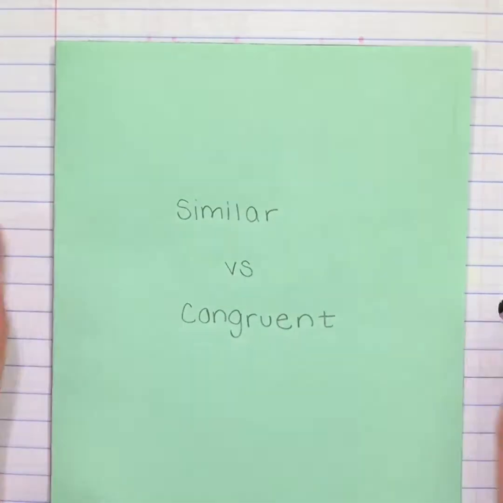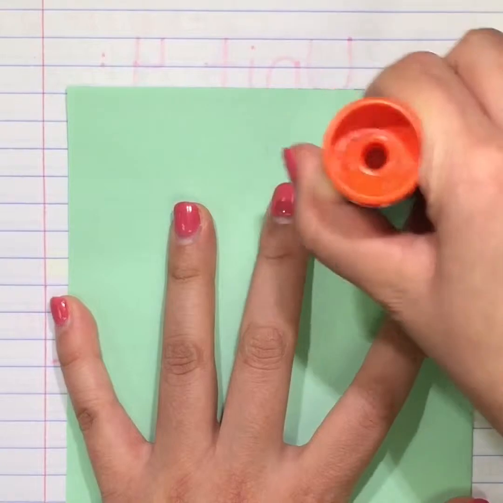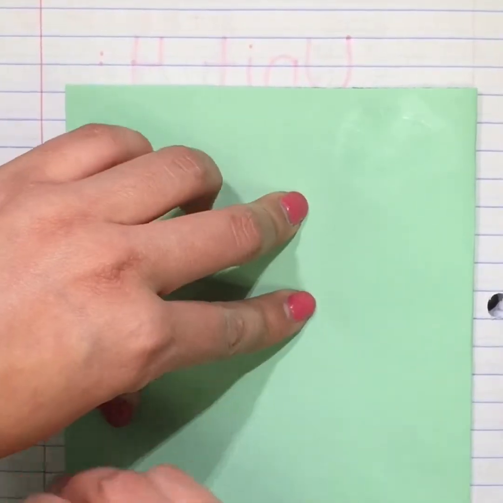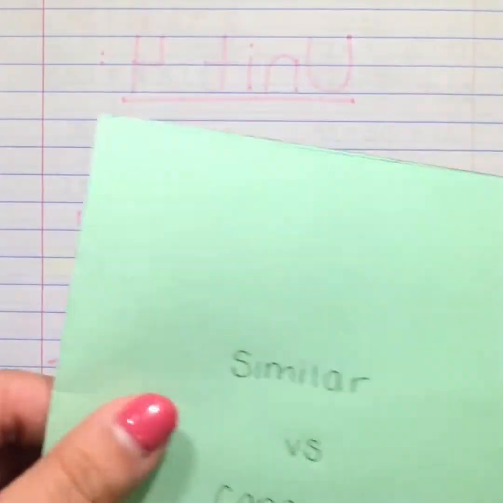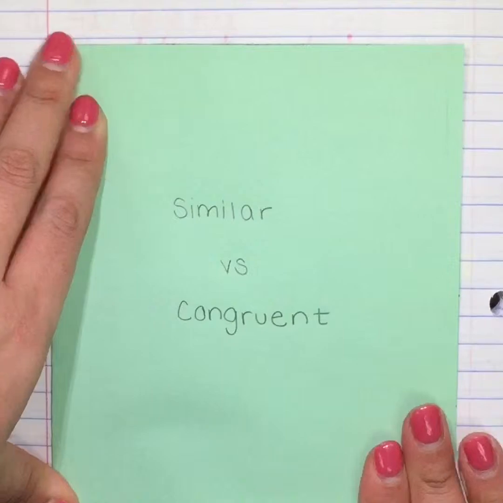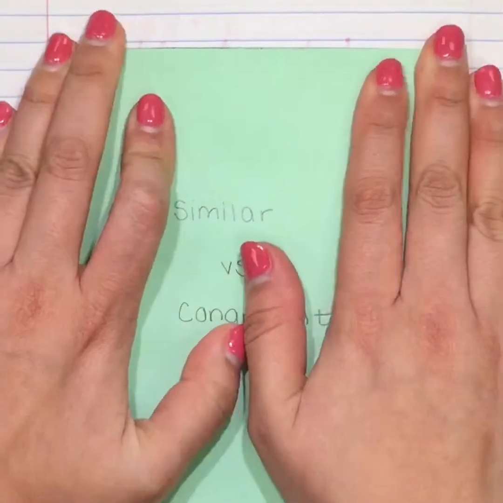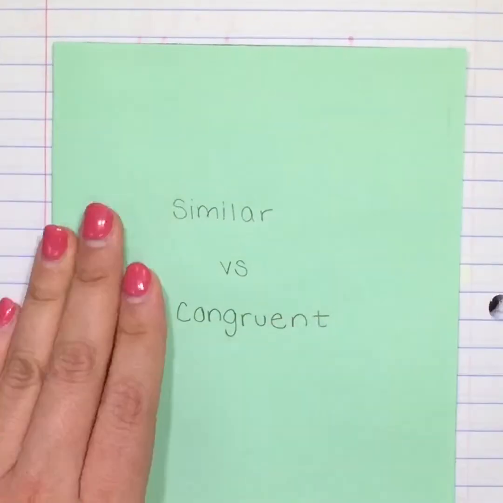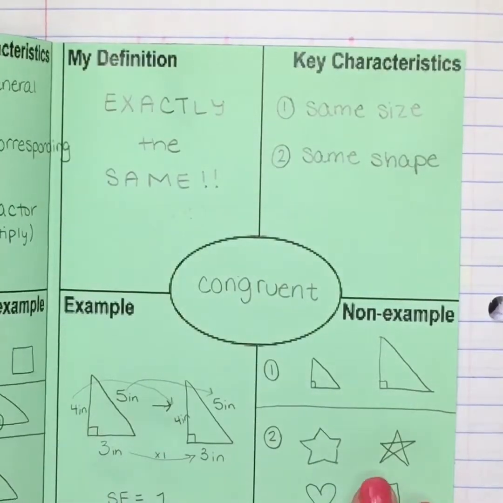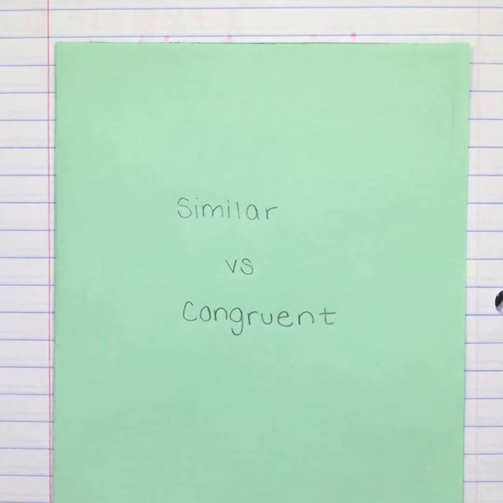And then I'm going to glue this right into my spiral. Make sure that you're four-corner gluing, as always. Okay, and now you can flip it open when you need to review those definitions right there, and we can just close it.